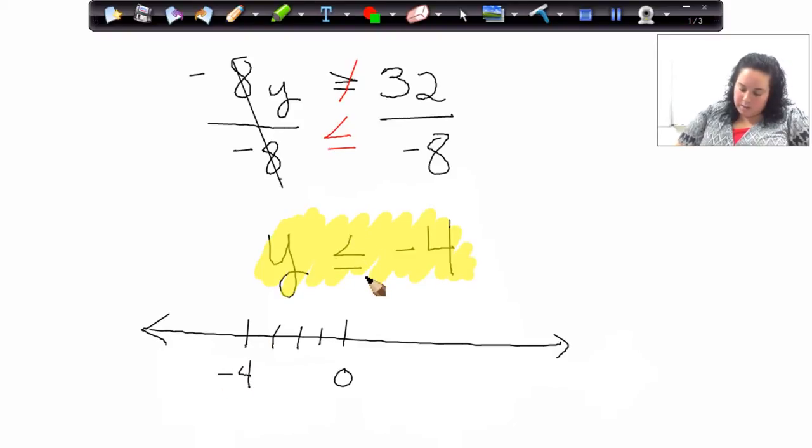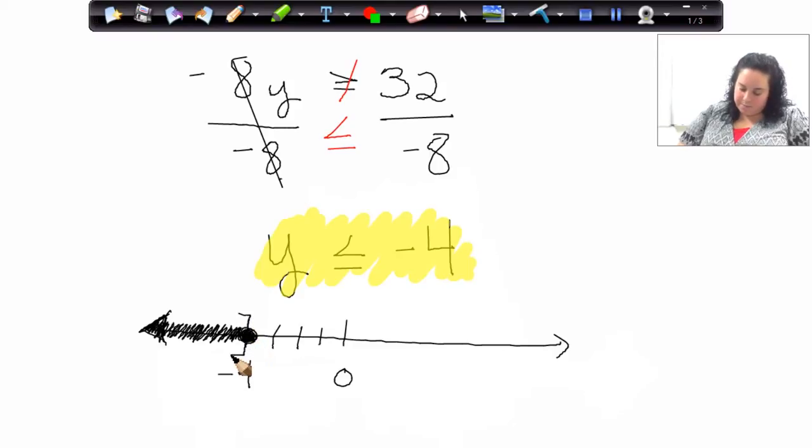Y is less than or equal to -4. So right at -4, we'll put a circle and we'll fill it in. Okay, and then we will fill in our line to the left because y is less than -4 or equal to -4.